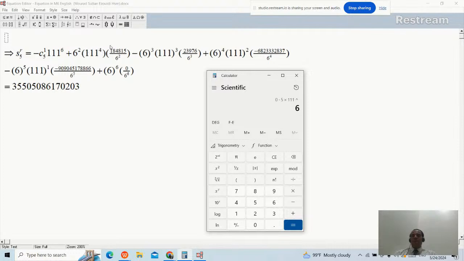Plus 6 squared divided by 6 squared is 1, times 111 to the power 4, times 184,815.